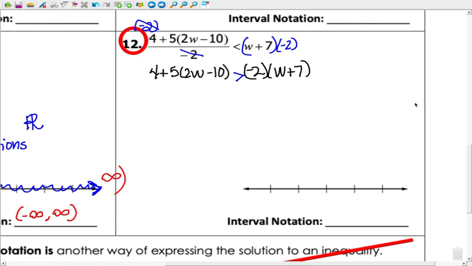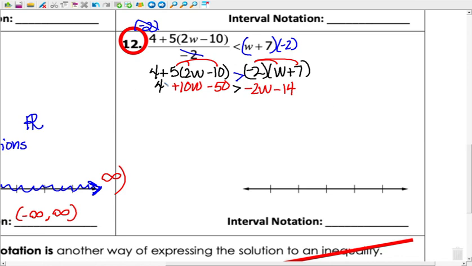Go ahead and distribute. Bring down your 4 plus 10w minus 50 is greater than -2w minus 14.